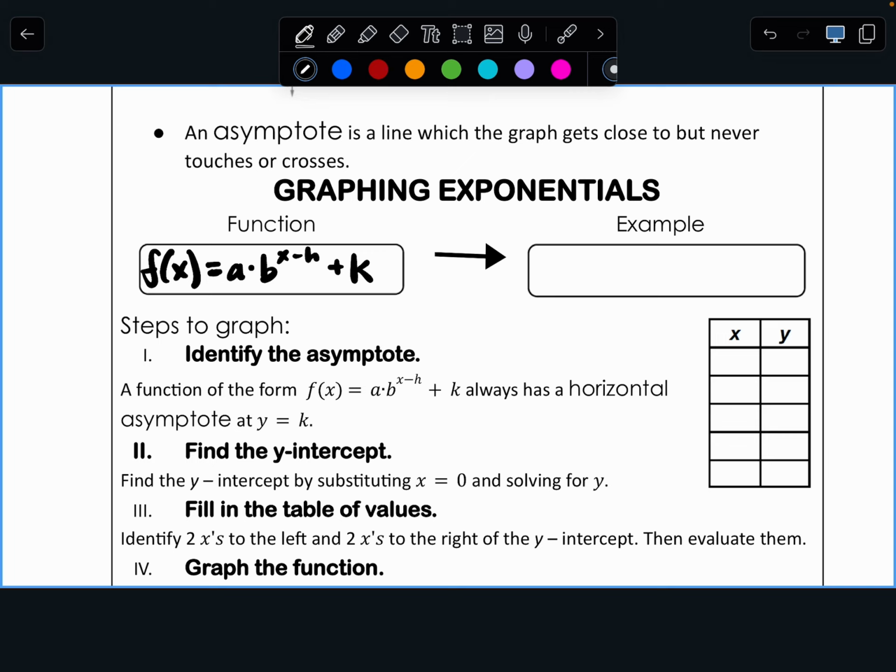So for example, we might have f of x equals 4 times 2 over 3 to the power of x plus 1. In this case, a is 4, b is 2/3, h is 0 because there's no subtraction from x, and then k is 1.